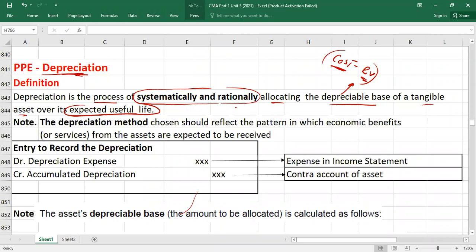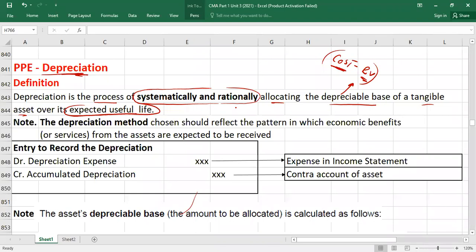Or if I have the school of thought that I will use this asset more in earlier years because it is new, and less in later years because it will get older, then I should use a depreciation method which gives me higher depreciation in the earlier years because I'm taking more benefits, and lower depreciation in the later years because I'm consuming less benefits. Clear?